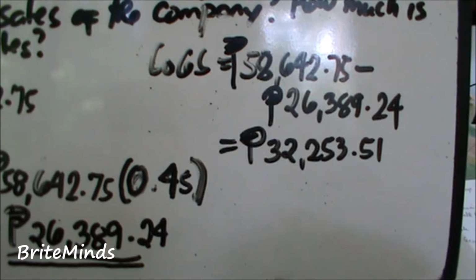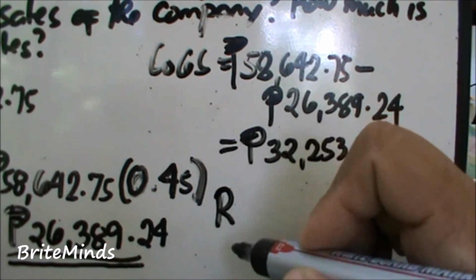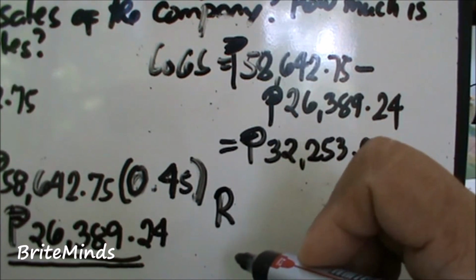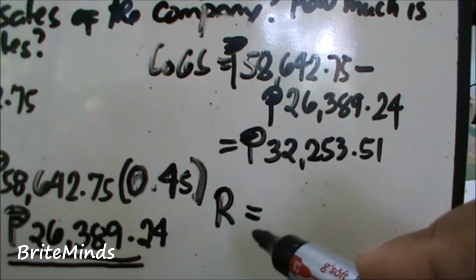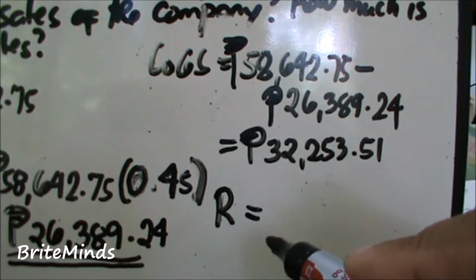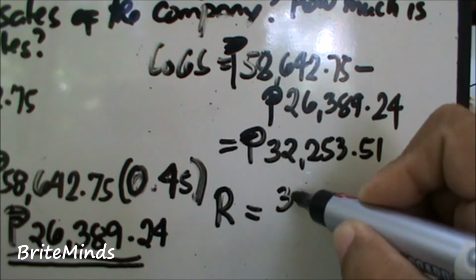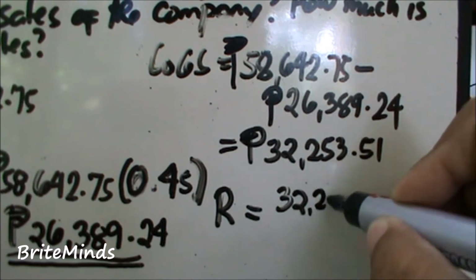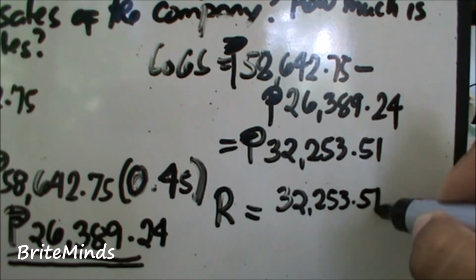And then to determine the rate of the cost of sales, we know that the rate is part over whole. So the part is 32,253.51.